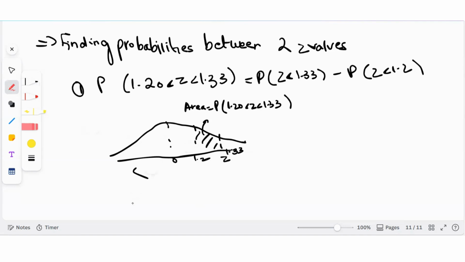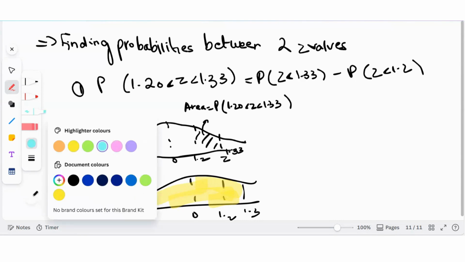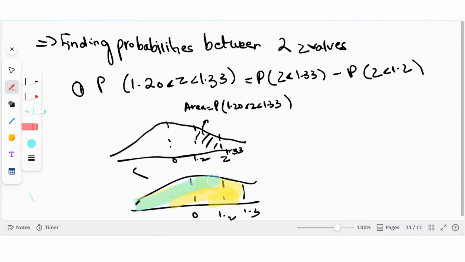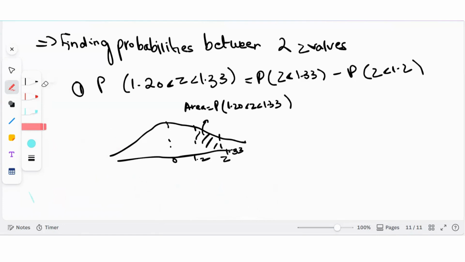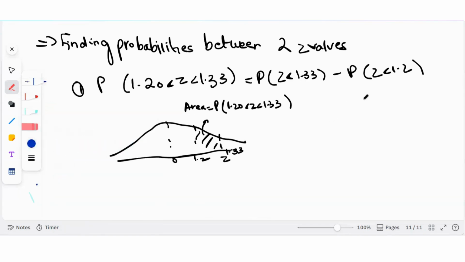Because if we had this, this is 0, this is 1.2, this is 1.3. So this was the probability Z is less than 1.3. From this, we're just taking out this area, the probability Z is less than 1.2. So we're taking out this much. So the remaining is the probability Z is between 1.2 and 1.3. So by graphing it, we can see we can write this probability as the probability Z is less than 1.3 minus the probability Z is less than 1.2.